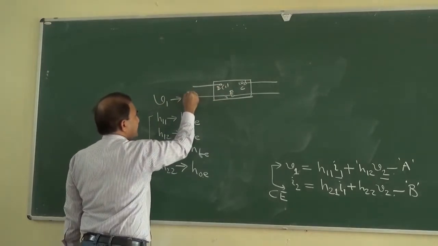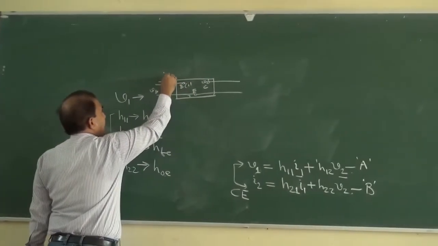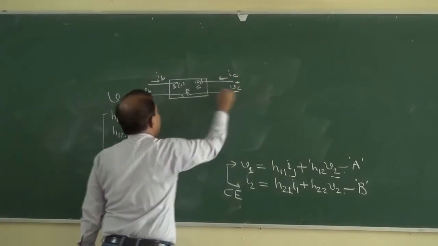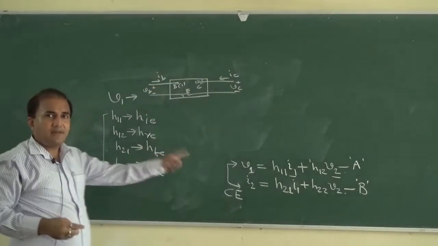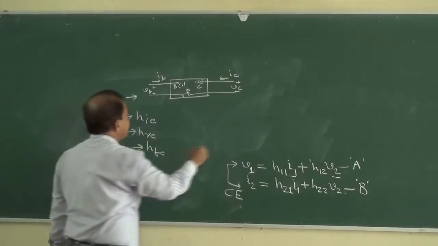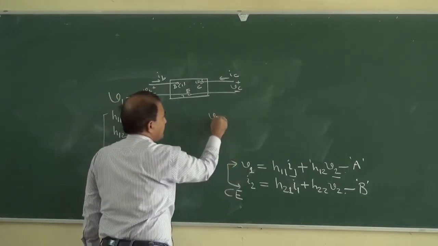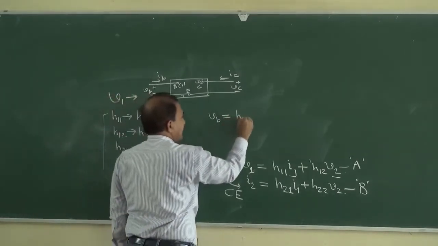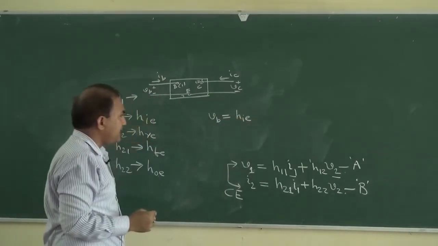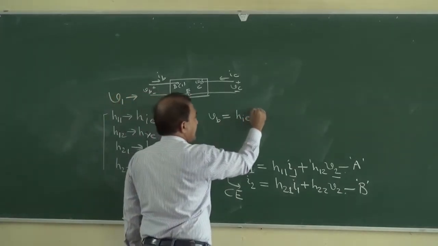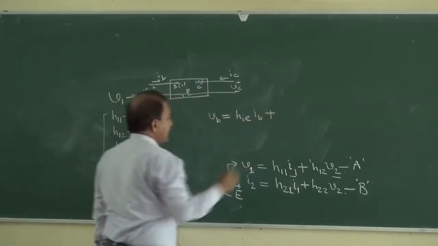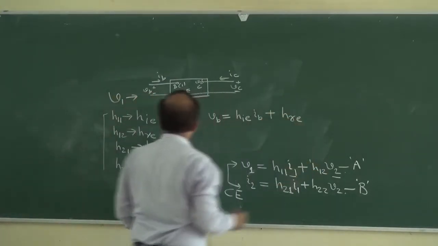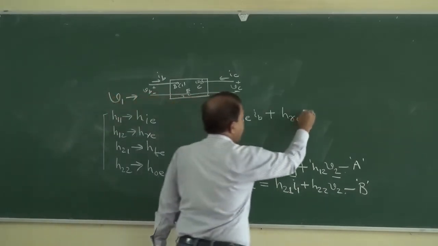Okay, so it is VB and IB, VC and IC, like this. So the same equation for a BJT, how we can write? V1 is VB, it is equal to H11, that is Hie, into I1, I1 is IB, plus H12, it is Hre, into V2. V2 is VC.